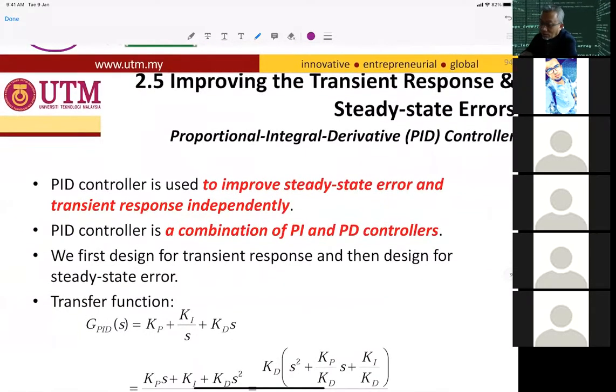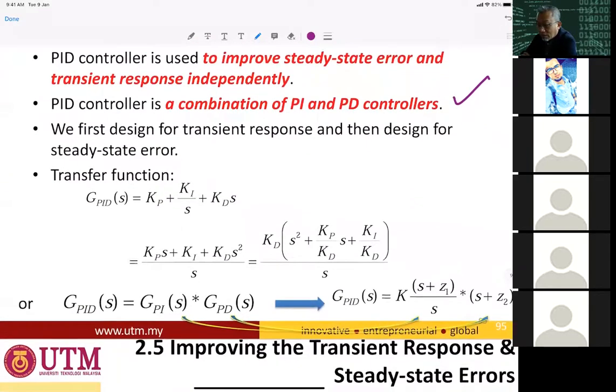So the PID controller is used to improve steady state error and transient response independently. Independently meaning that it is a combination. We consolidate the PI and PD together. So the PID controller is a combination of PI and PD controller.